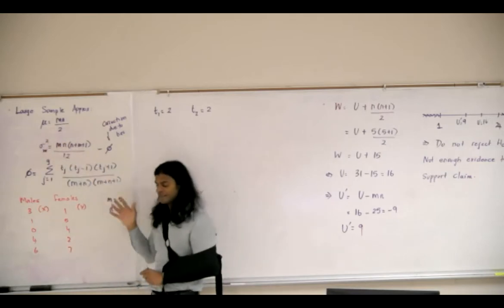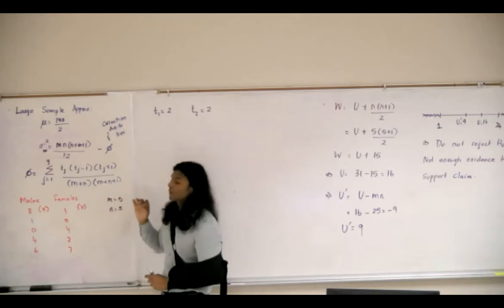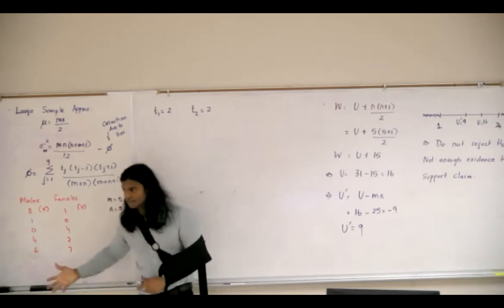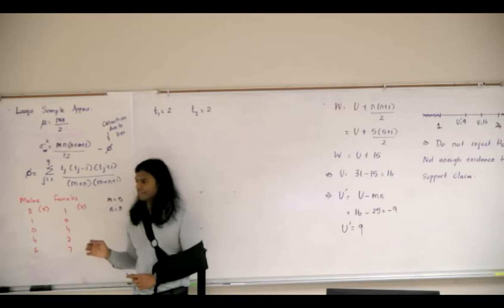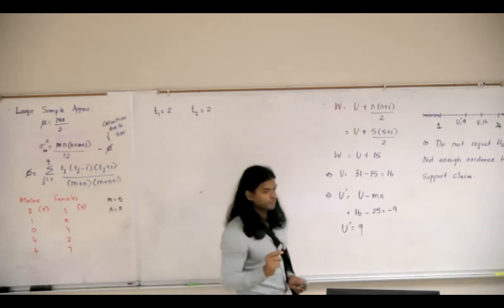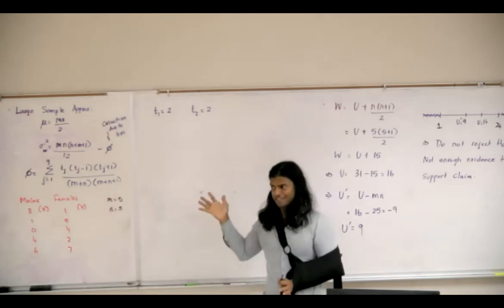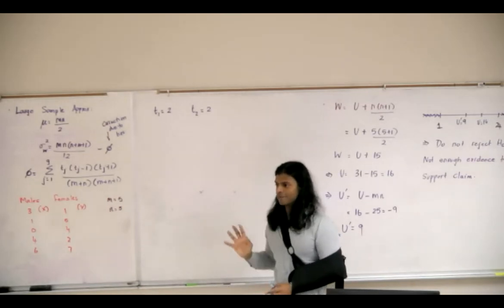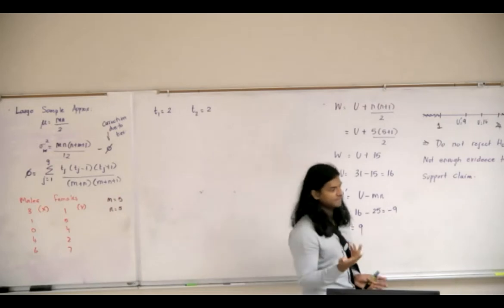The only time that it would come into play is when we directly use the W statistic. Does that make sense? But if you go back and look at every single problem, we did not use the W statistic. We kept using the U or the U prime statistic.